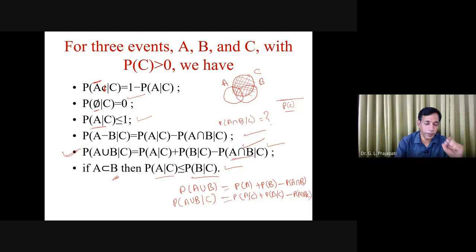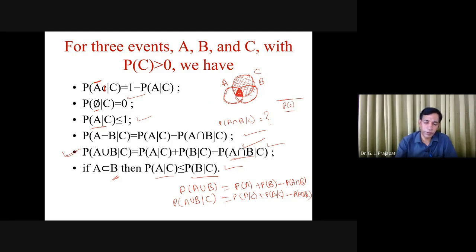Event A intersection B will occur if and only if the outcome is in the intersection. This is the set A, this is the set B, and this is the set C. This is the intersection.